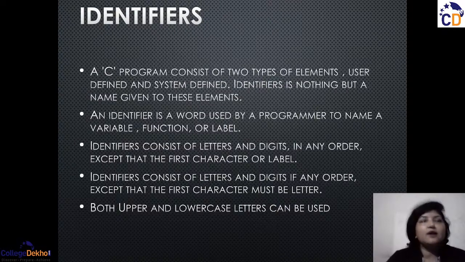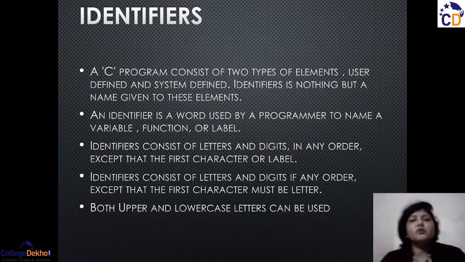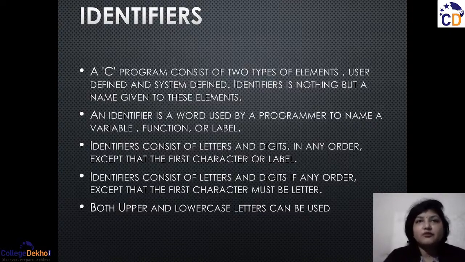You may be using some user defined functions and some system defined functions. If you are using user defined functions, you may have to define identifiers. An identifier is nothing but a name given to these elements. Suppose I want to have a field that is student name. This student name is itself an identifier in which you are going to have some value.